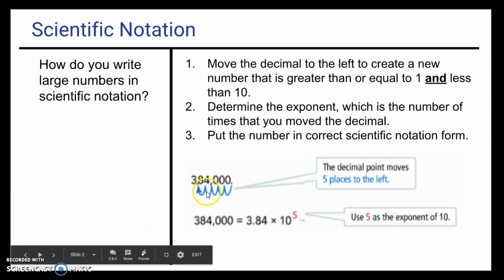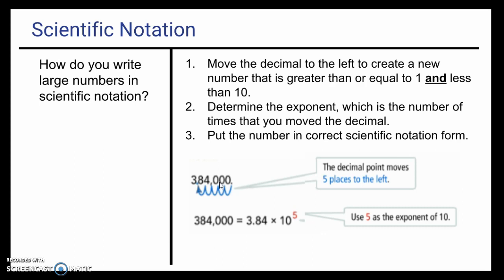So if you look at our example, we begin with 384,000. We're going to move our decimal to the left and we're going to place it between the 3 and the 8 because remember we need a number that is greater than 1 but less than 10. So that would be 3.84. If we count our decimal places, we moved our decimal 1, 2, 3, 4, 5 places.